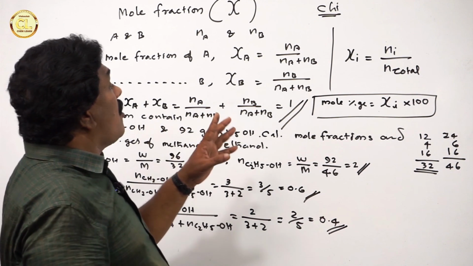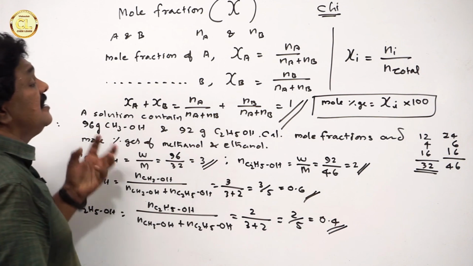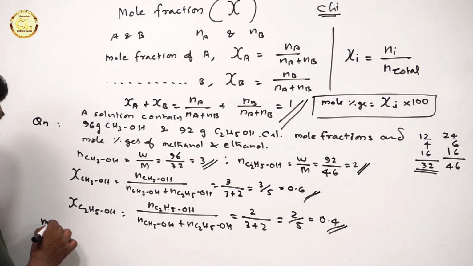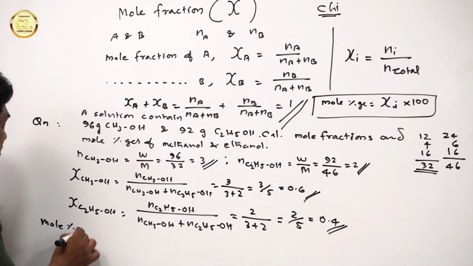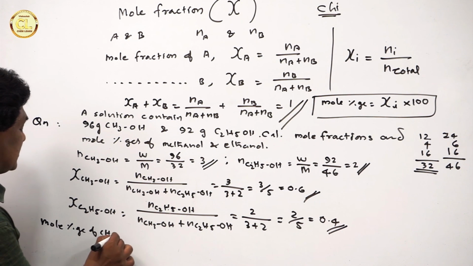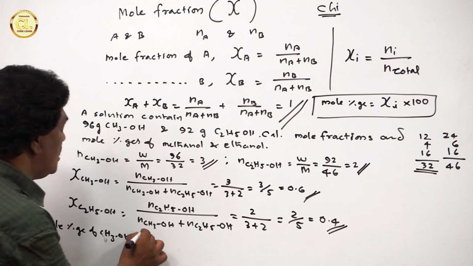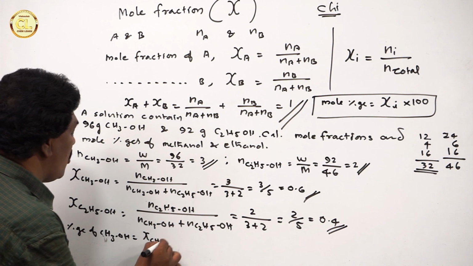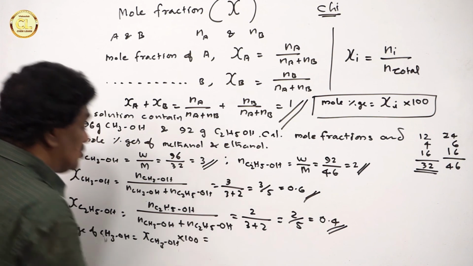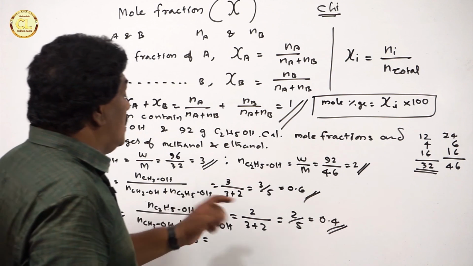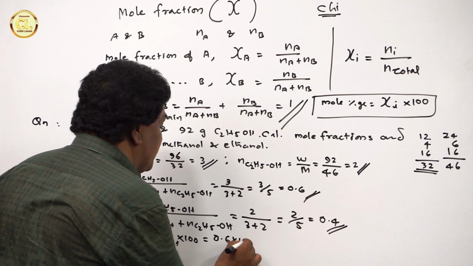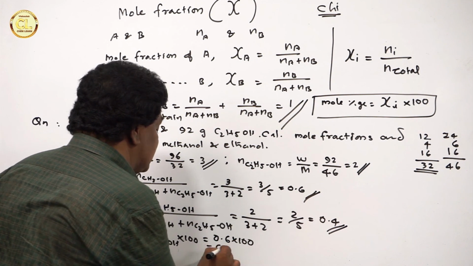Now, we are also asked to find the mole percentage. The mole percentage of methanol, CH3OH, is equal to the mole fraction of methanol into 100, that is 0.6 into 100, which is 60.